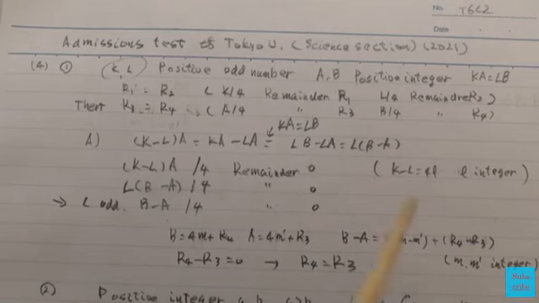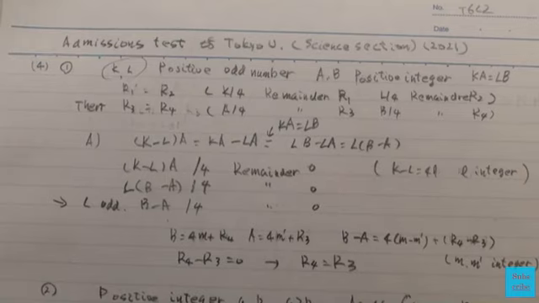And from this first condition, K minus L equals 4 times R, where R is an integer, because R1 equals R2.